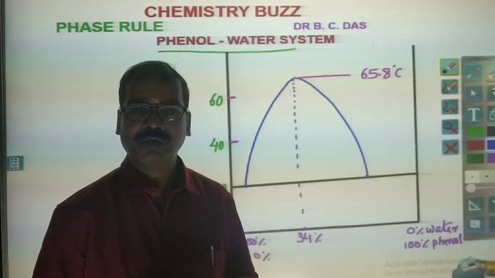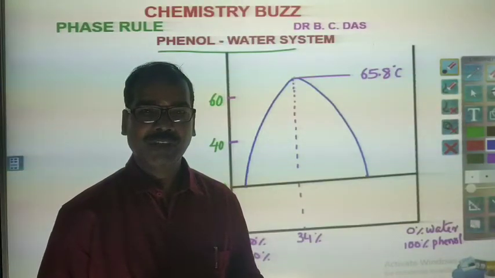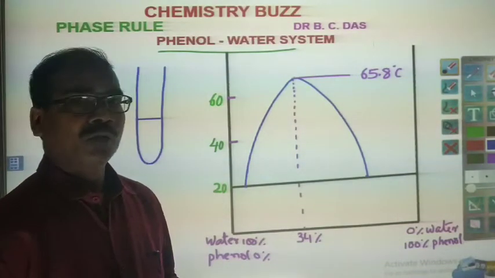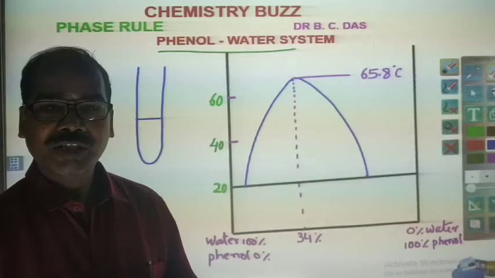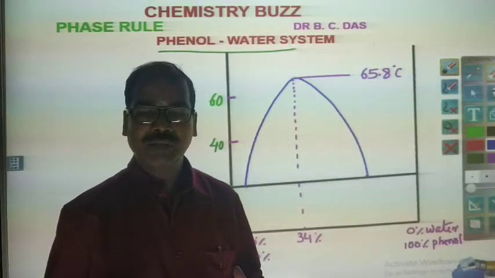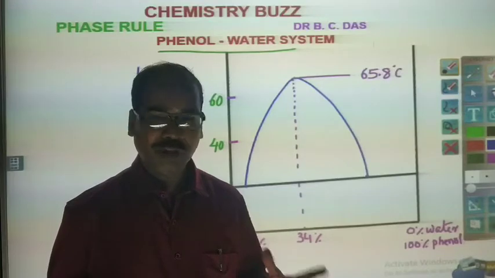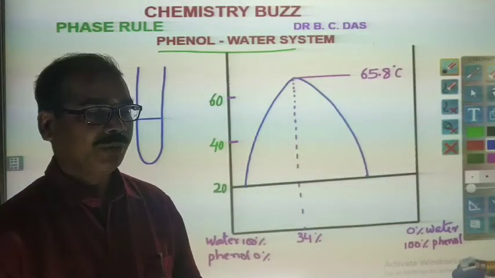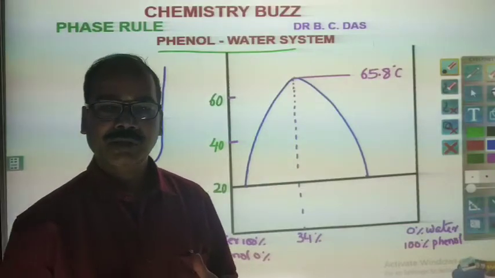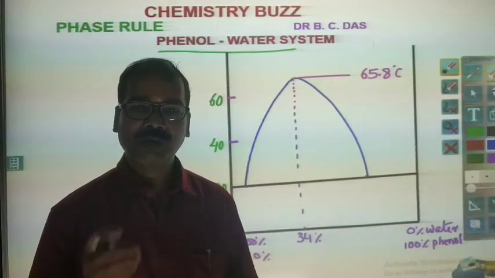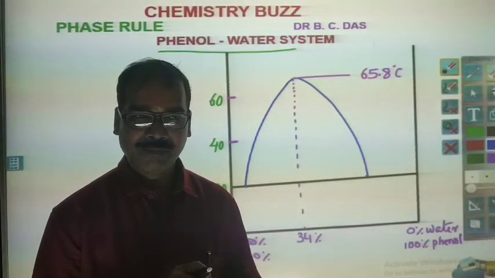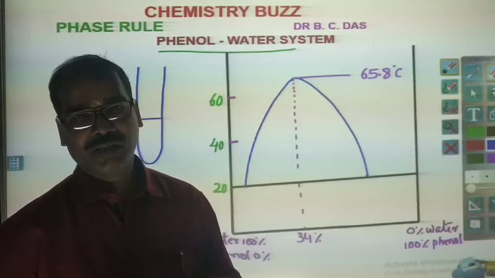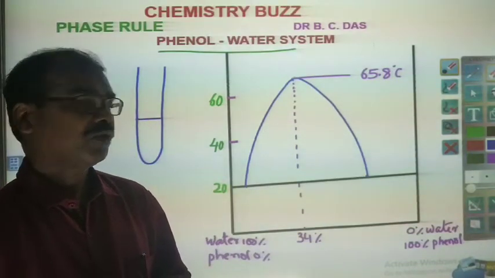So let us study it briefly. So the phenol water system, these are two liquids which are partially miscible. That means the water is miscible in phenol to some extent and phenol is miscible in water to some extent.